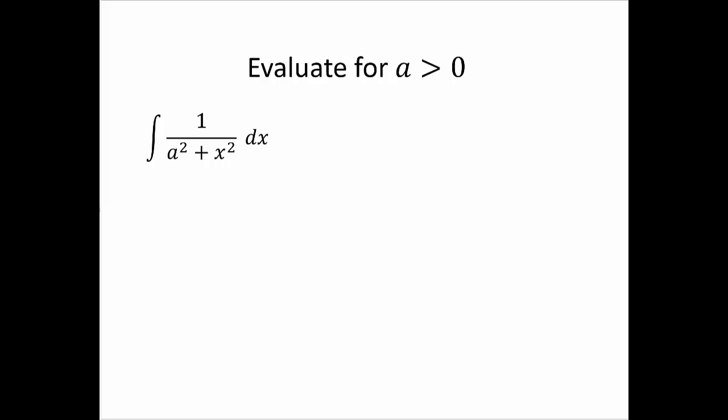It's not exactly right, but it sort of looks like it. So let's manipulate things a little bit. I'll use that factoring idea. I can write the denominator as a squared times 1 plus x squared over a squared, and take that 1 over a squared outside the integral.